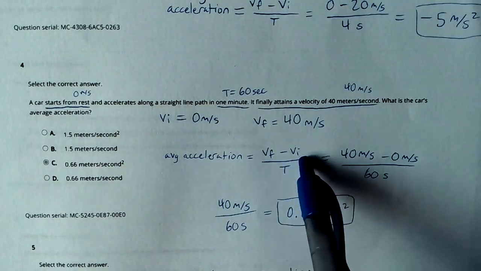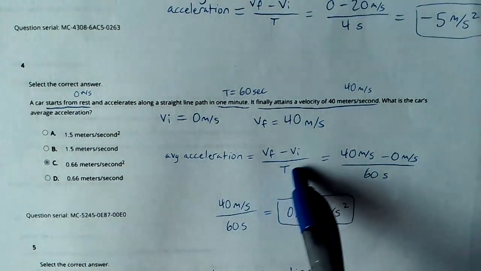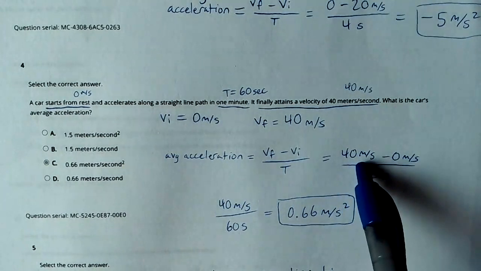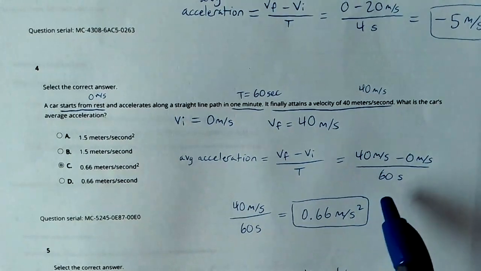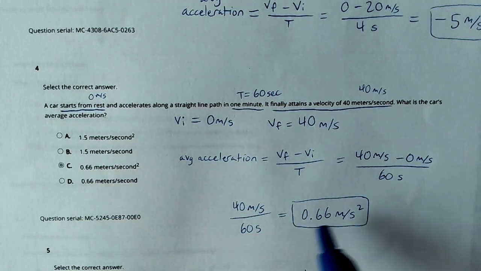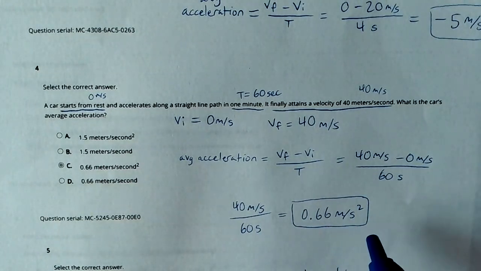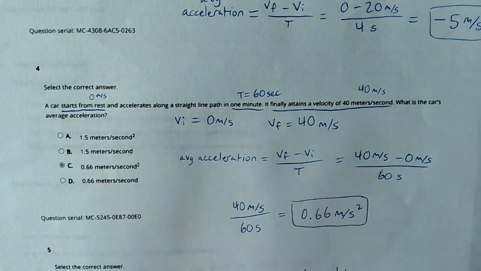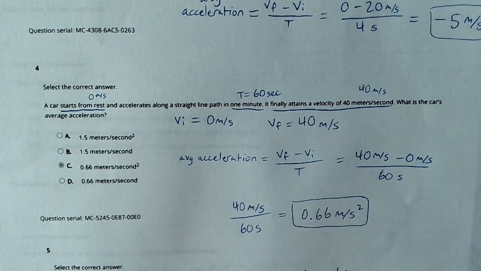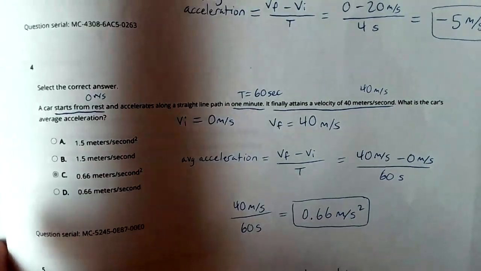So final velocity minus initial velocity all over time. 40 meters per second minus 0, all divided by 60 seconds. And you get 0.66 meters per second squared. All right. So hopefully you're getting a feel for how these equations fit together, and you're understanding when things stop and start and how that affects the acceleration.